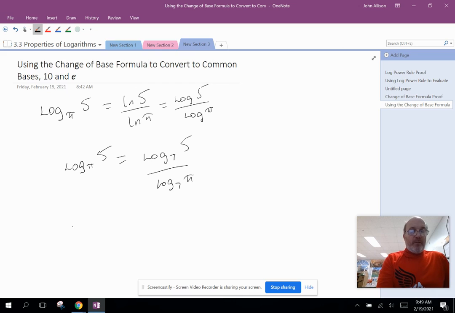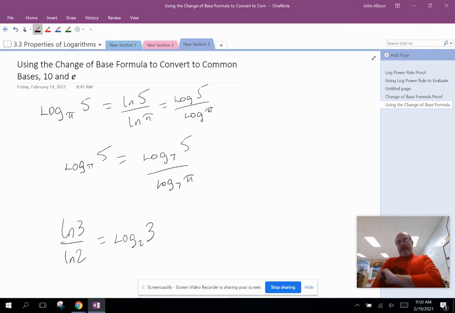You can also sometimes, when you're working, end up getting an expression that says ln 3 over ln 2, and you'll need to know that that's the same as log base 2 of 3. So those are things that you can look for.